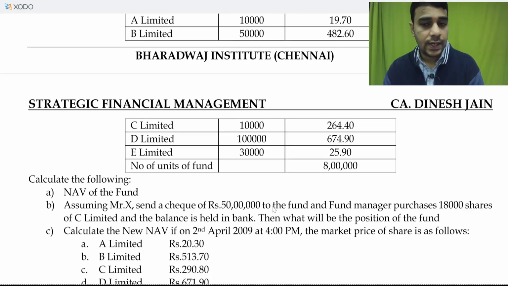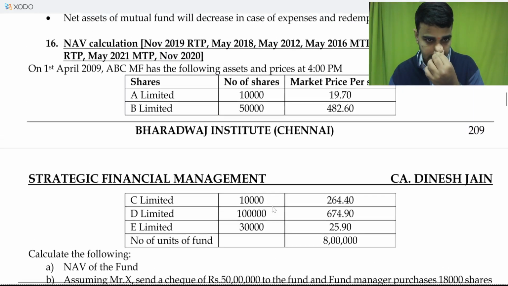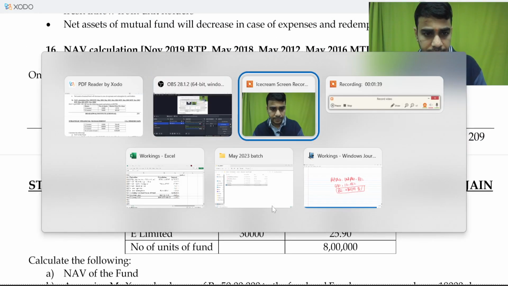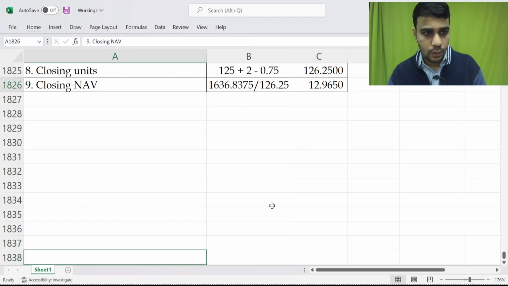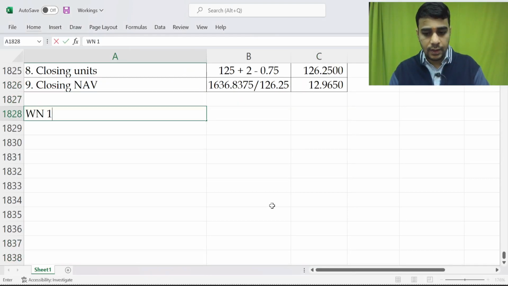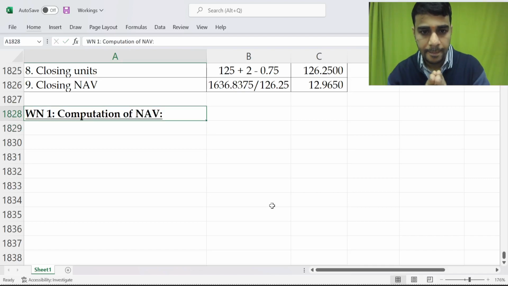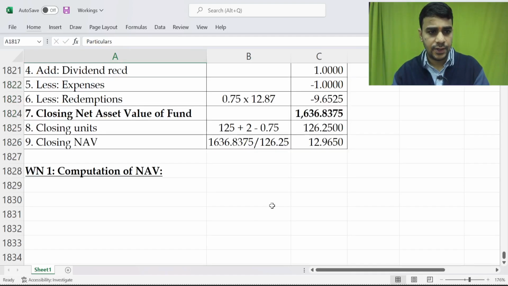When prices change, automatically the NAV will undergo a change. Let's do the calculation. Working note 1, computation of NAV. Particulars, calculation, amount.